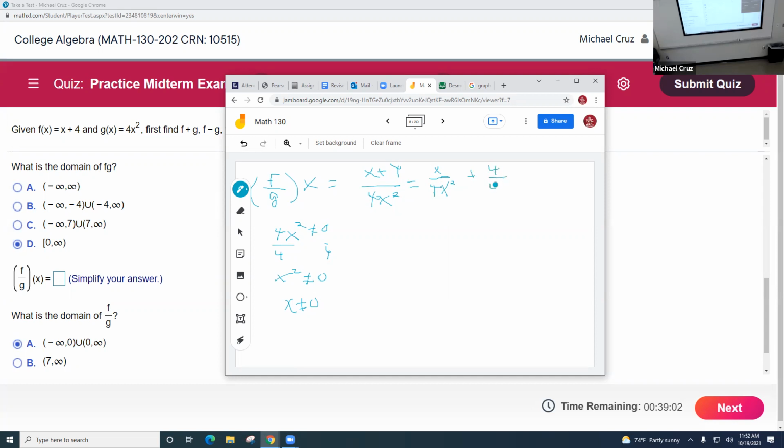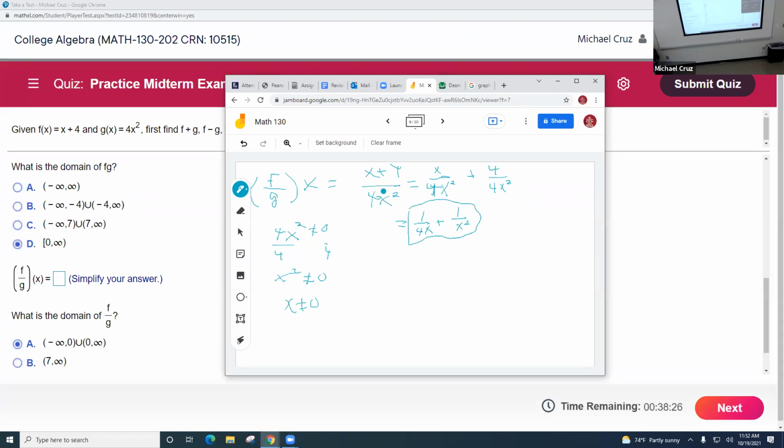Remember, that just means each one of them separately. So that's just going to be 1/4 there. And then when you subtract, you're going to have x to the 1 minus 2, which is going to give you a negative x. So you just put it down here. And then this is just 1 over x squared. So that's probably the best way to put it right there.